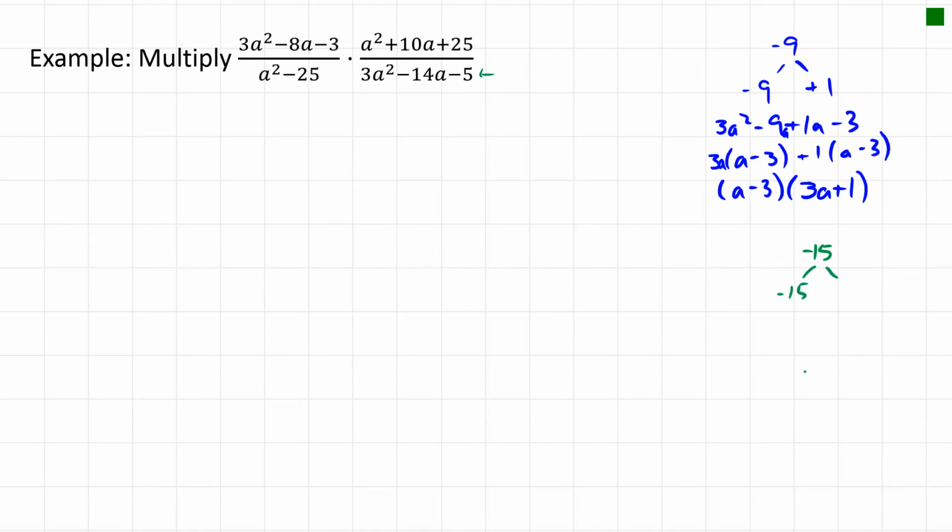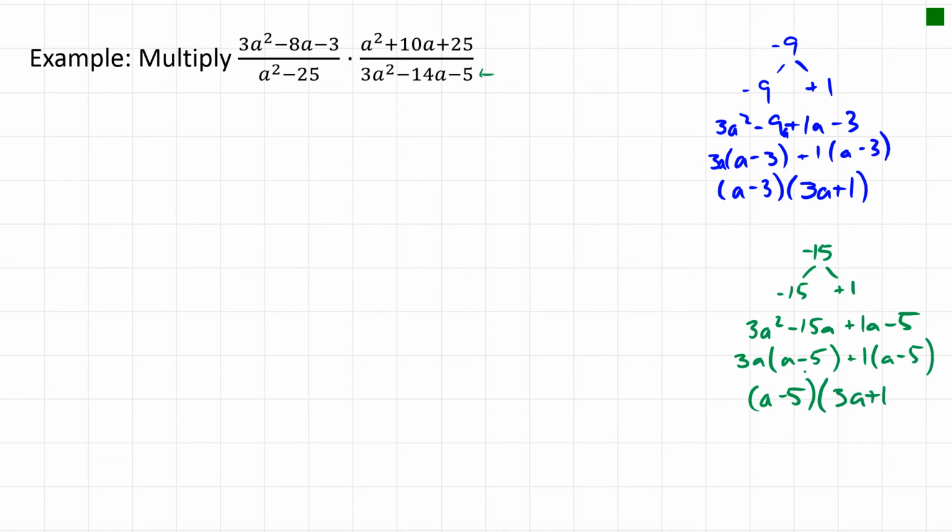So that's going to be negative 15 and plus 1, which means 3a squared minus 15a plus 1a minus 5. And then factor by grouping. And I'm left with a minus 5 times 3a plus 1. So now I've factored. I like to factor the most difficult ones off to the side.